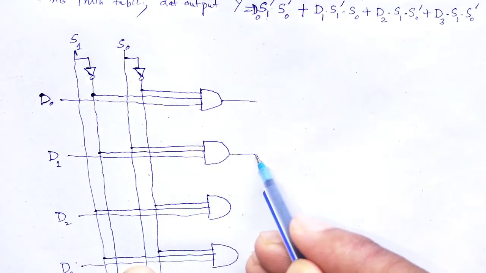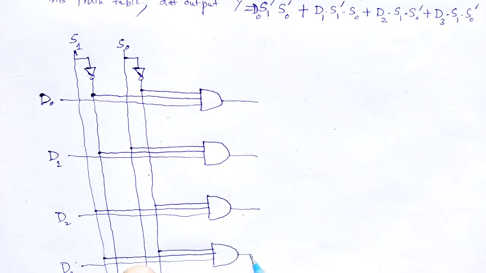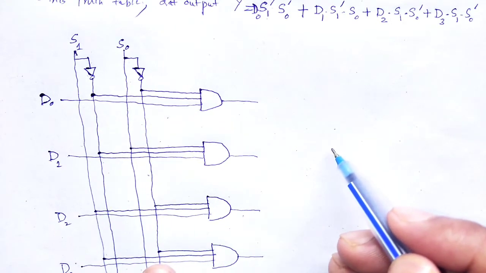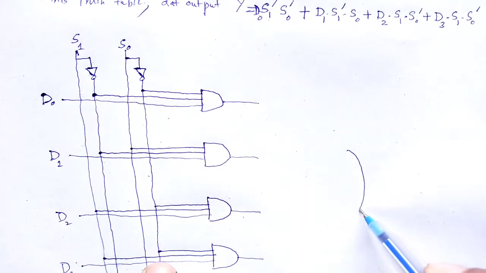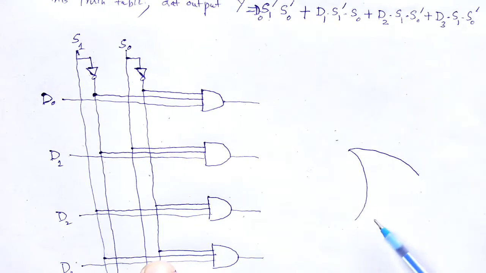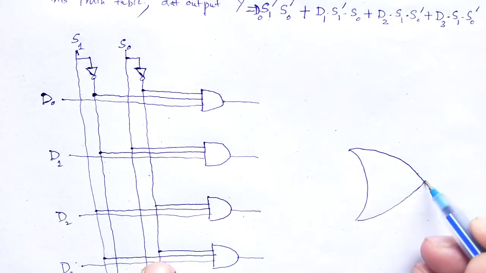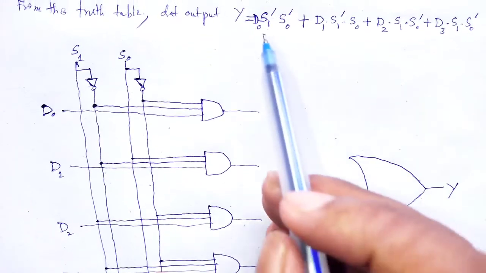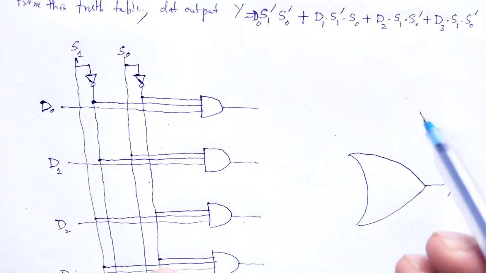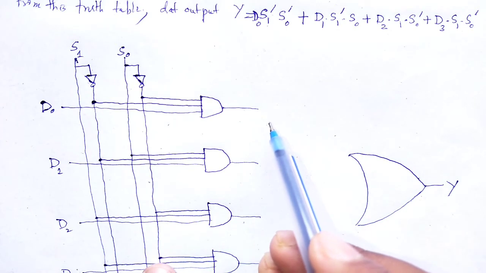The outputs of these AND gates are the inputs of an OR gate. Therefore we achieve that Boolean expression.